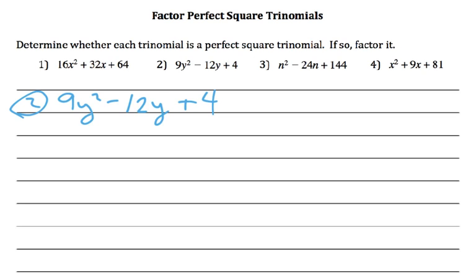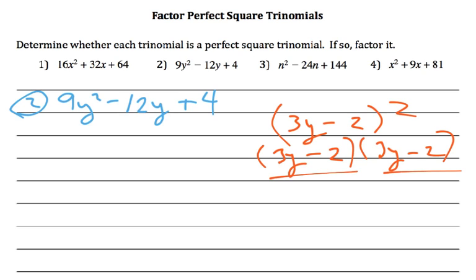So let's assume that it's a perfect square trinomial. So over here I'm going to, in red, find 9y squared square root, which is 3y. And then 2 would have been squared to get 4. And since I see that minus sign, I'm assuming I should test it with a negative. So here I'd get, I'll write this one out this time, (3y minus 2) times (3y minus 2).